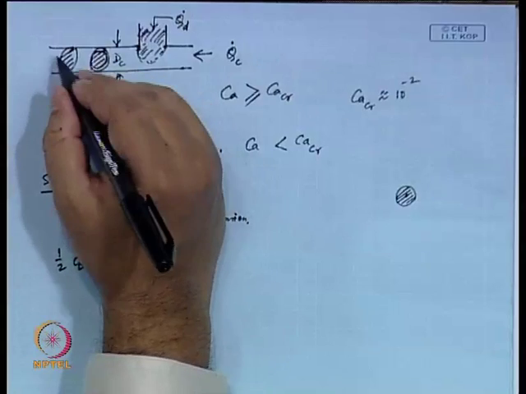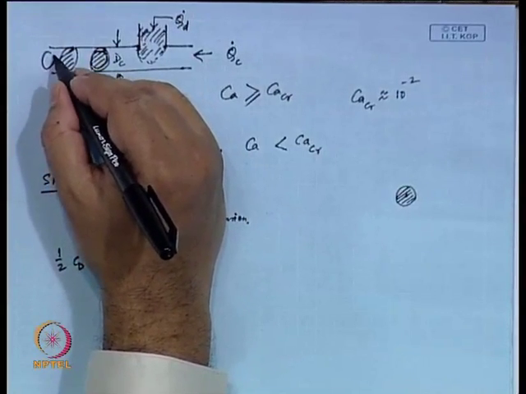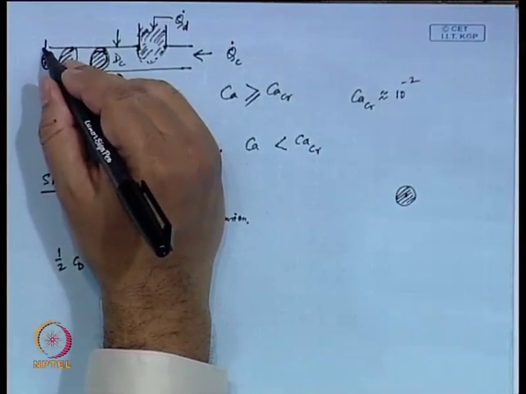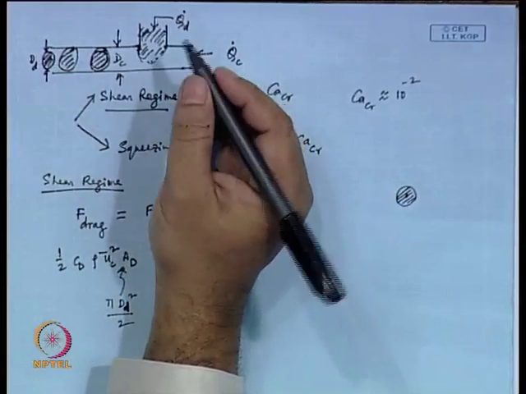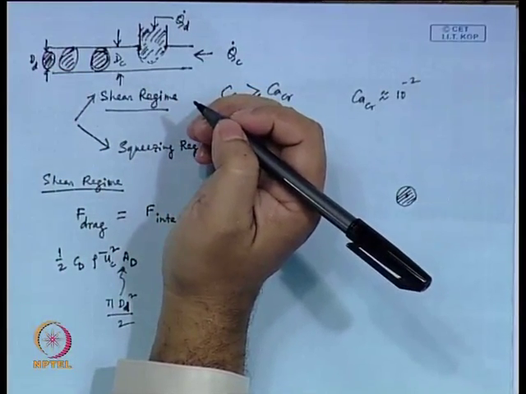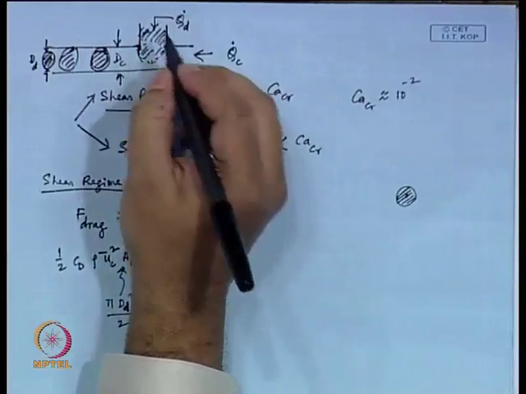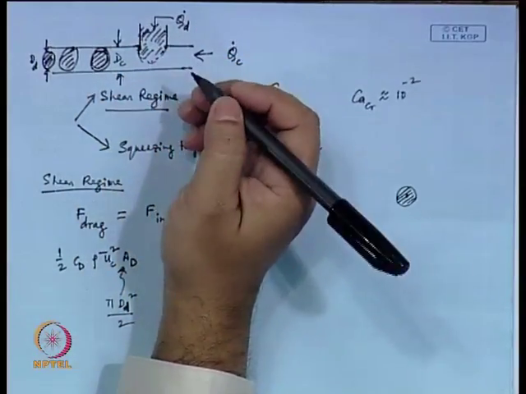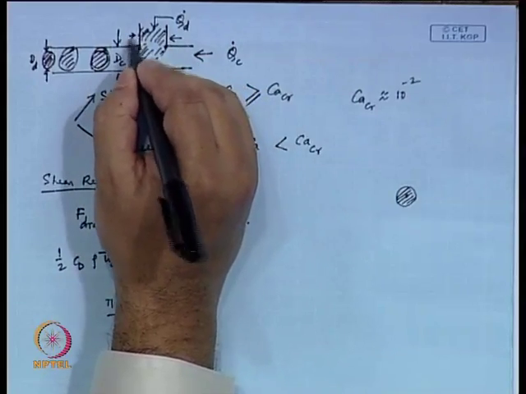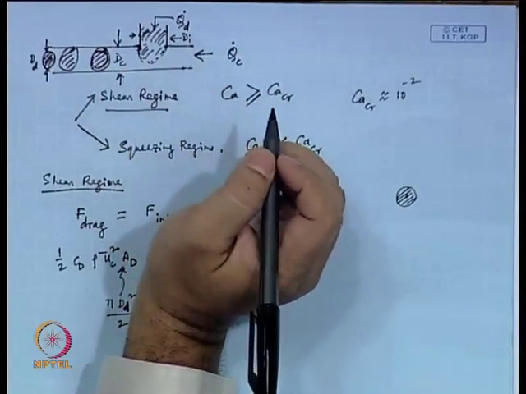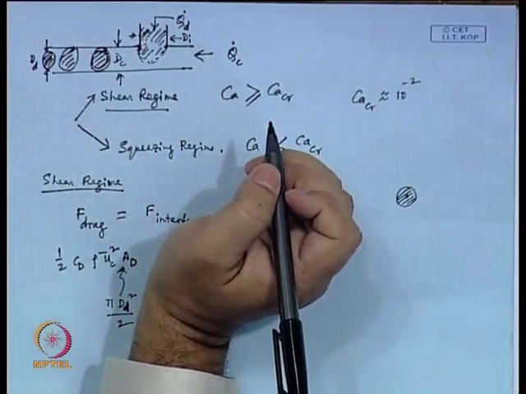In fact, the drawing is a little bit off; it should be a portion of the channel occupying, and this diameter is DD, the diameter of the droplet. And then this diameter would be DI, the injection port, okay.